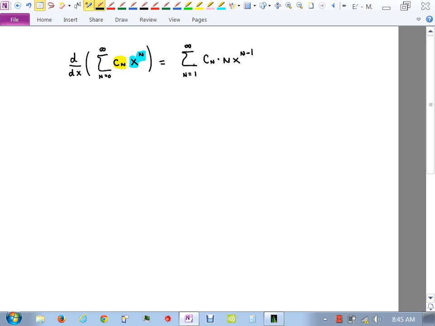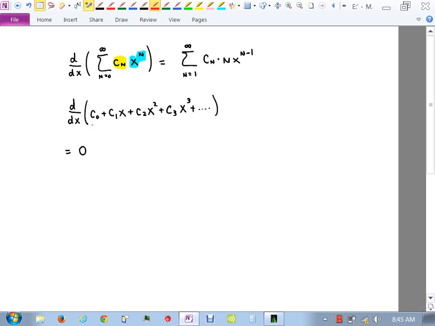Now, let me explain a little bit more why this works. First of all, on the left side here, if we plug in 0, we get c sub 0. Then we plug in 1, we get c sub 1 x to the first, plus c sub 2 x squared, plus c sub 3 x cubed, plus forever. Now, if we differentiate, taking the derivative of each of these terms, the derivative of the constant here is 0.